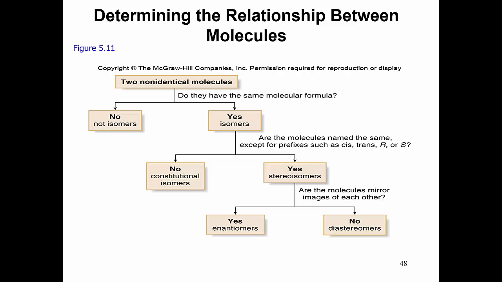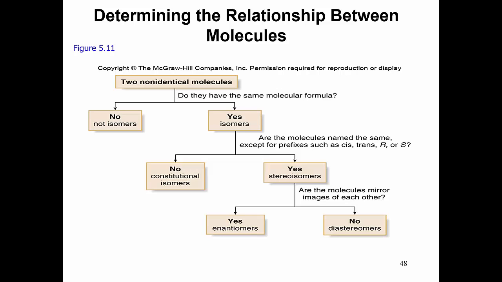But if they do have the same molecular formula, they are isomers. Then we have what kind are they? Are they named the same? You can look at the name if you have the name available, and if they're cis and trans, they're going to be diastereomers.